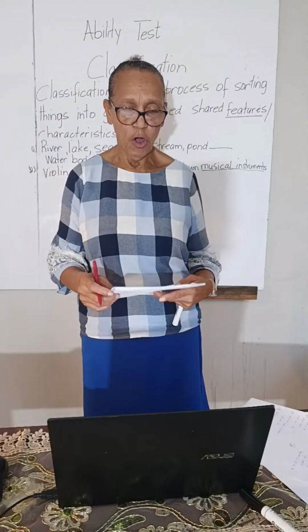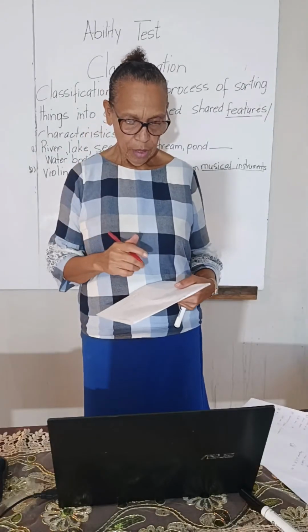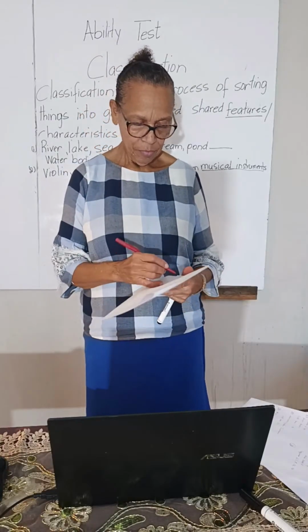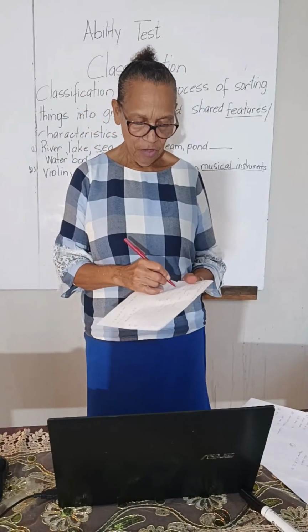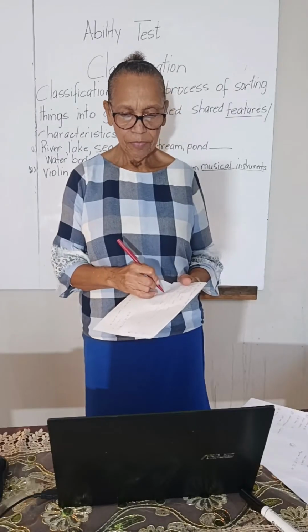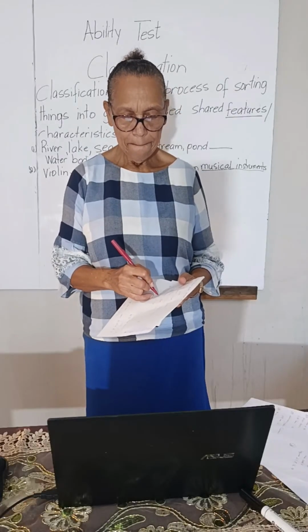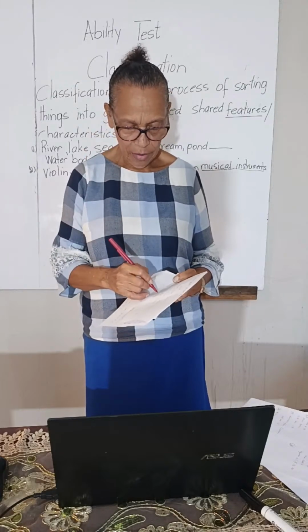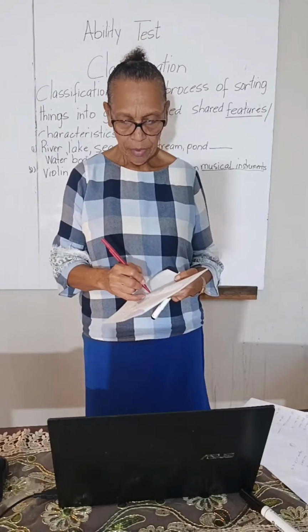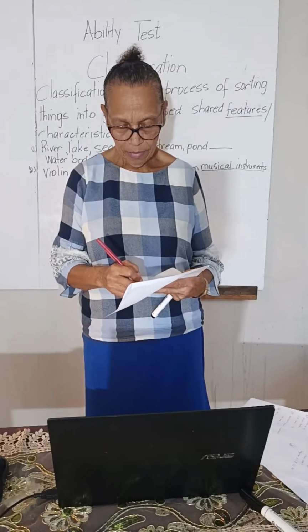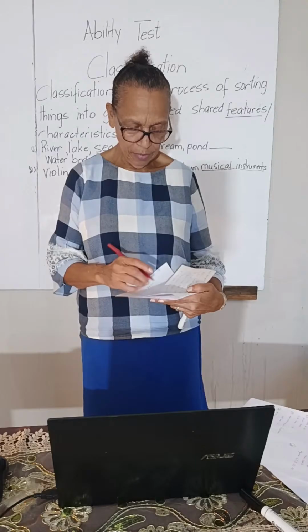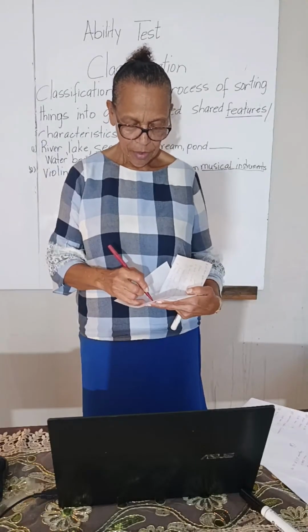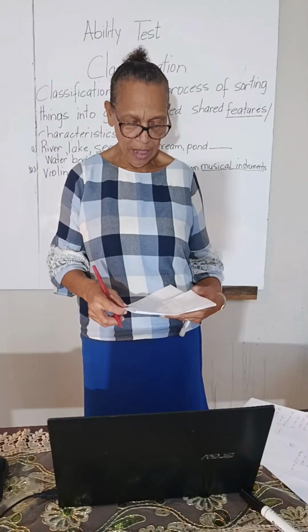That's number 4. Number 5: triangle, square, circle, pentagon, octagon. Give a group name for that one as well.